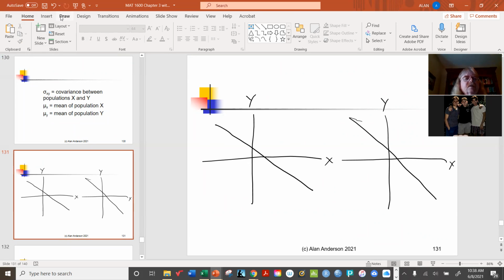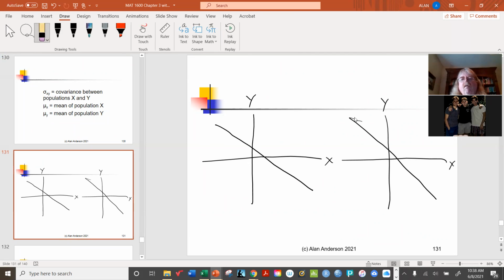Okay, they look very similar to each other, but let's see what's different. On the left, the points are really, really close to that line. And on the right, they're not very close at all.